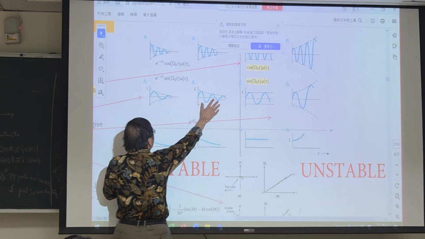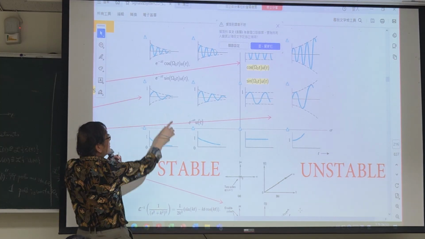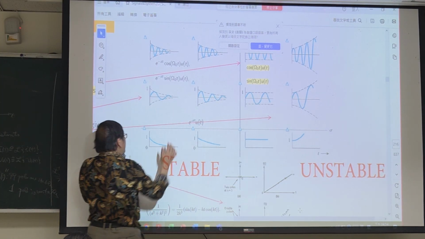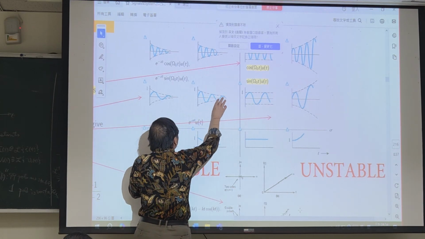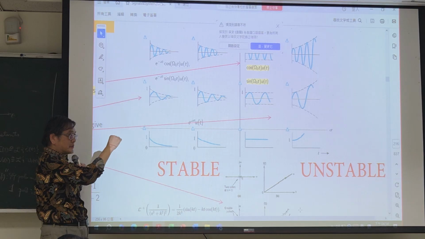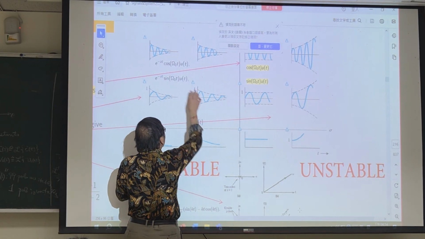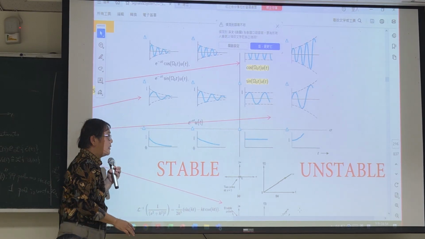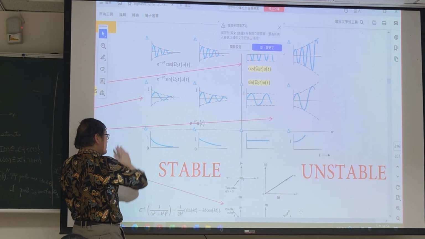On the left half plane with an imaginary part, it will oscillate, and eventually the amplitude will become smaller and approach 0 as well. So they all die off eventually. These are the stable behavior, stable response.